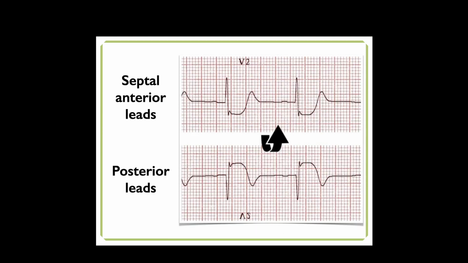So what you're going to see if you do the posterior leads is ST elevation, possible flipped T, possible Q. And how that shows up on the septal leads is ST depression, positive T wave, and large R. Again, the ST depression is the most important.